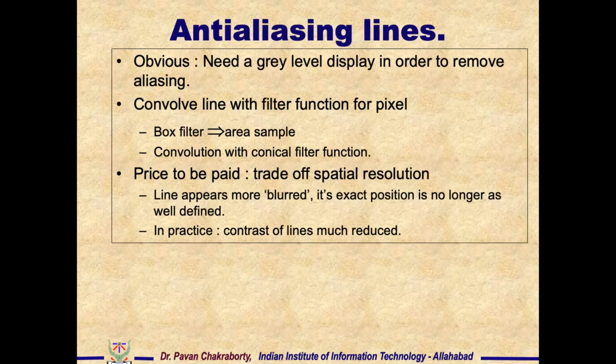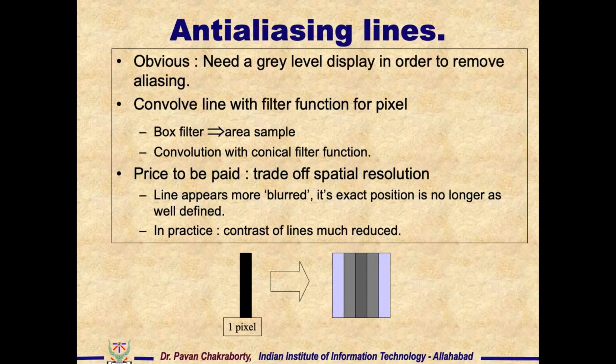The line will appear more blurred. Its exact position is no longer as well defined. In practice, the contrast of the line is much reduced. So a line which looks very sharp won't look as sharp as it is when we do this convolution.